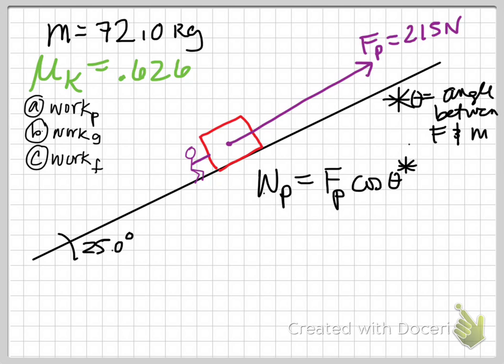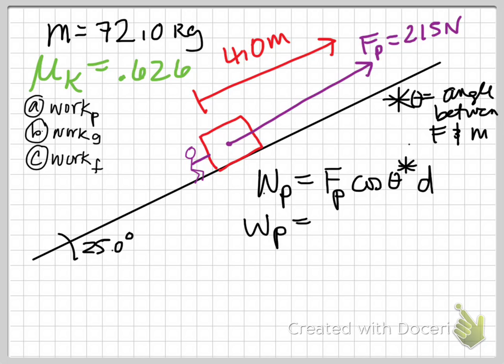Oh, and I forgot to give us the distance that it moves. So we'll say that this thing moves 4.0 meters, and we're assuming it's moving at constant velocity. Lots of assumptions here. So F of the pusher cosine theta times the distance that it moves.